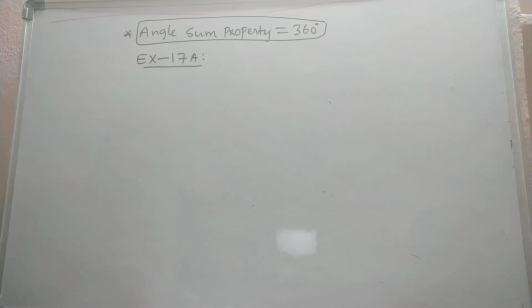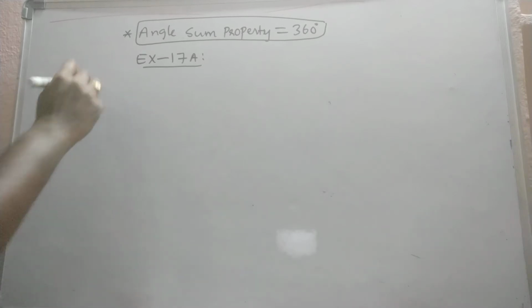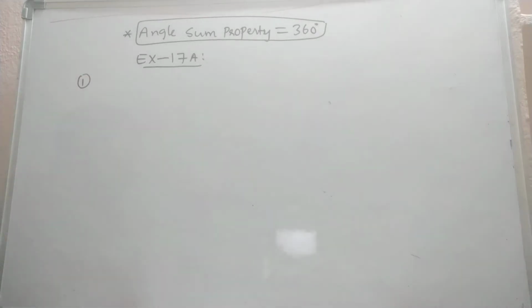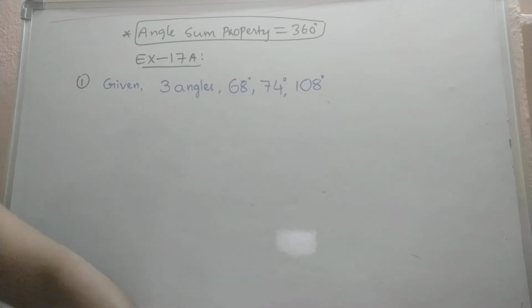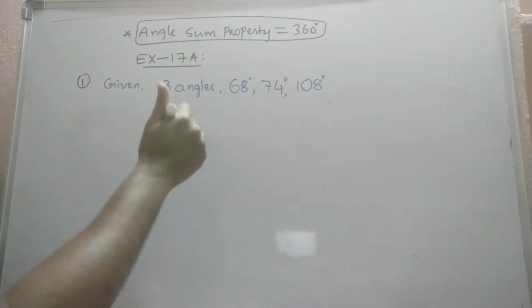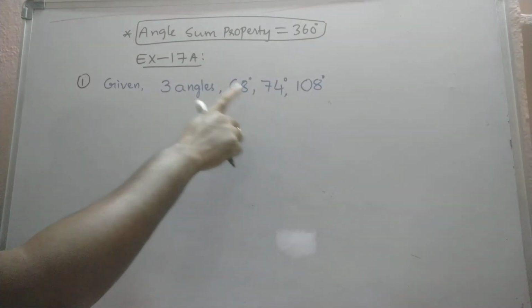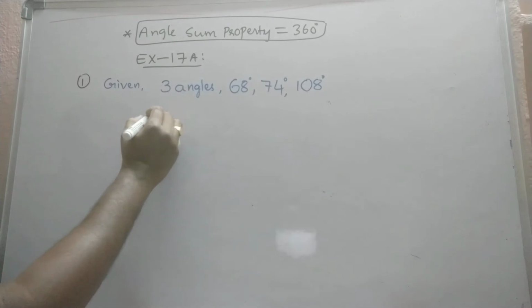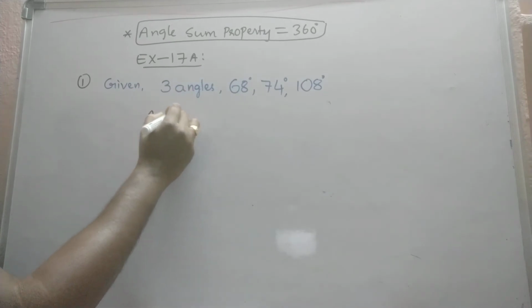Question number 1. I'll write the details. So question number 1 is like this. We have to solve this within 30 seconds. Three angles of a quadrilateral are given, and we have to find the fourth angle. So what is the angle sum property?